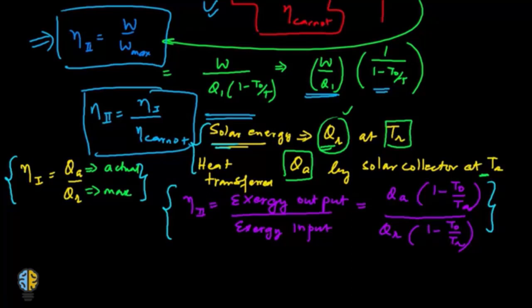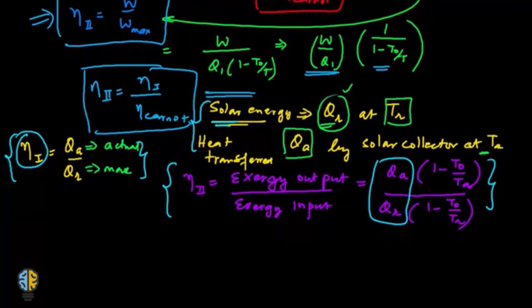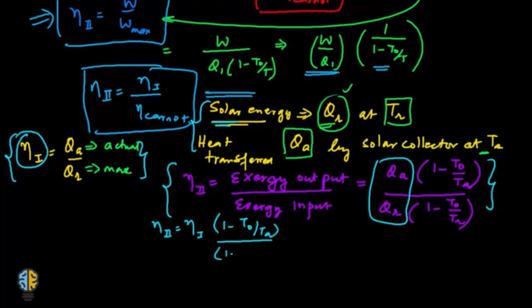When you look at this particular ratio, this is nothing but eta 1. So I can say that eta 2 is equal to eta 1 into (1 minus T naught upon TA) upon (1 minus T naught upon TR). This is how the first law and the second law efficiencies are related.